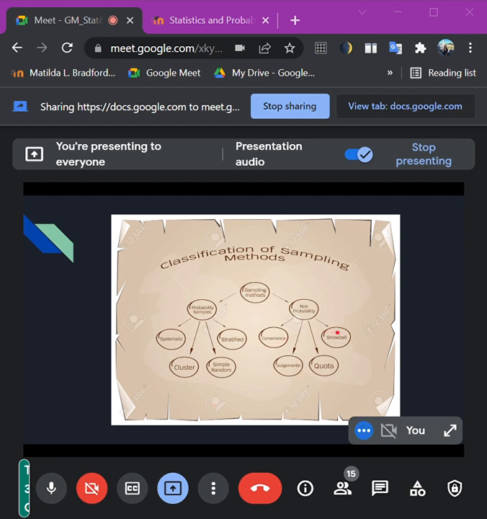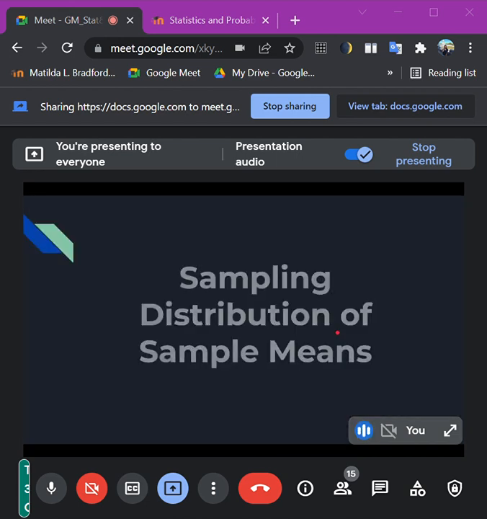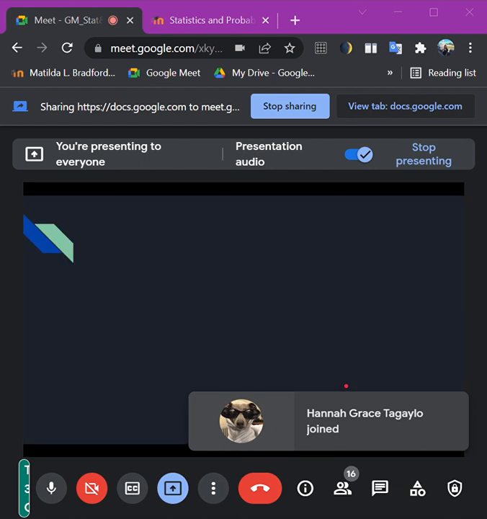Okay. So, now class, we are going to get our sampling distribution of sample means. This time, we're going to determine how many we will get as our sample.